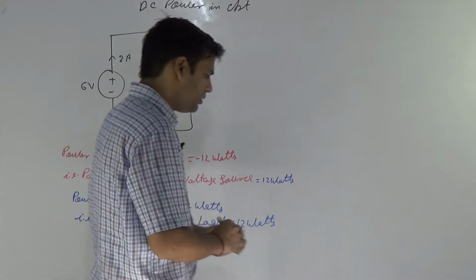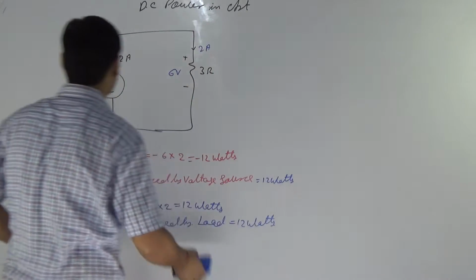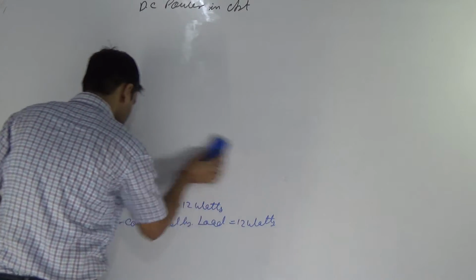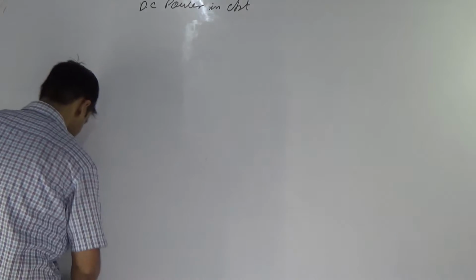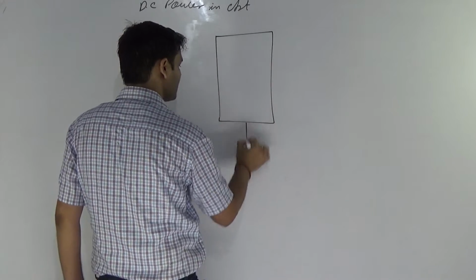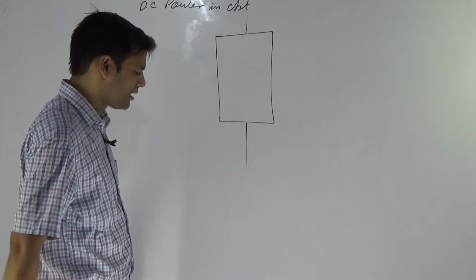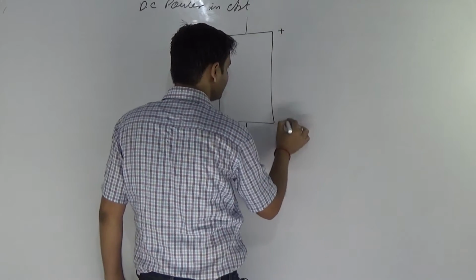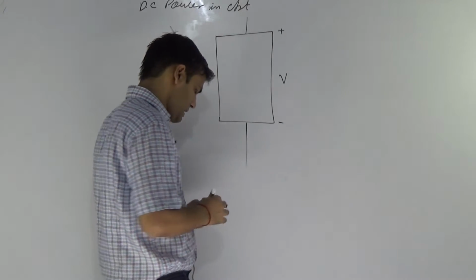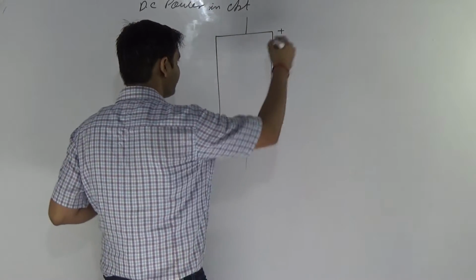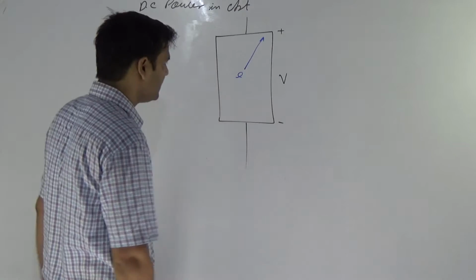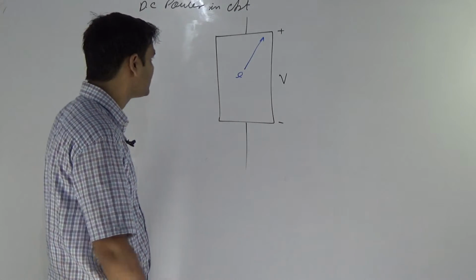Now what exactly will happen? Another way to discuss. Suppose this is the element, and the voltage across this element is V. Suppose an electron is present here. The tendency of the electron is to be attracted to the positive terminal.